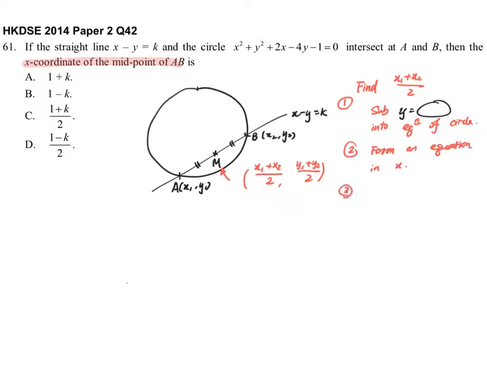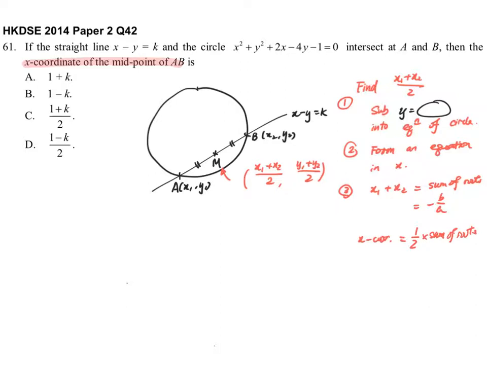Step 3. Do not solve the equation to find x1 and x2. Instead, we can find x1 plus x2 directly. Because it is the sum of roots of the quadratic equation, we can use negative b over a to find the answer. Then we can find the x-coordinates of the midpoint by doing 1/2 times the sum of the roots.